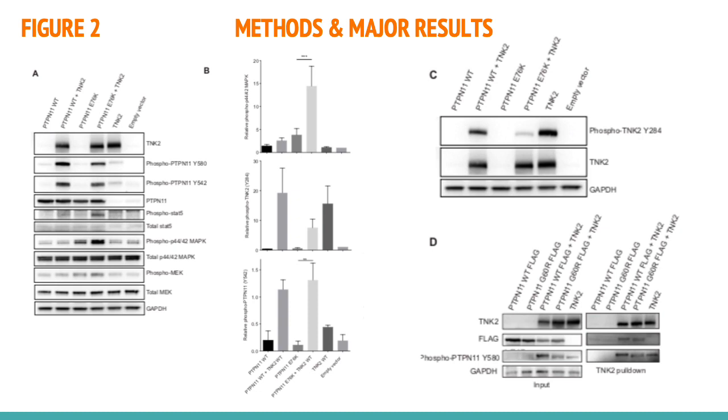But when either tyrosine domain was mutated, there was less MAP kinase phosphorylation. It decreased to baseline levels. So mutant PTPN11 requires both the Tyr542 and 580 residues for downstream signaling. And again, in figure D, we just see how these two molecules could co-precipitate with each other.